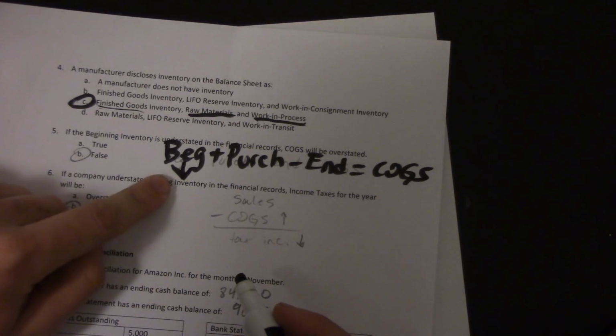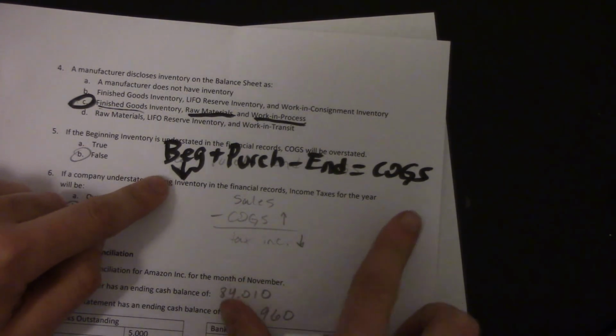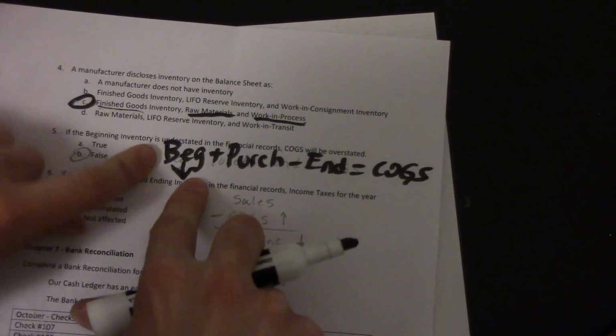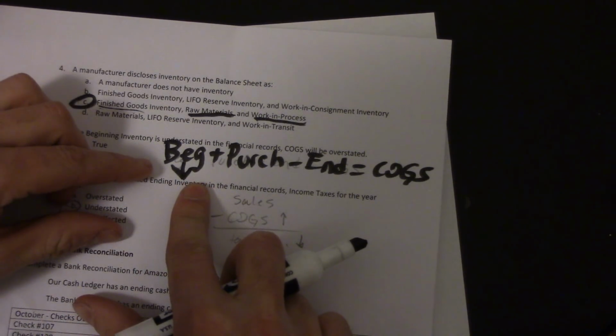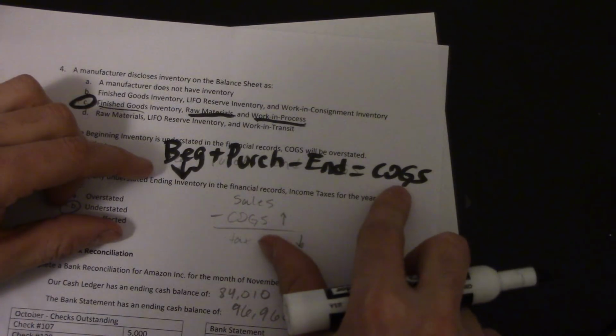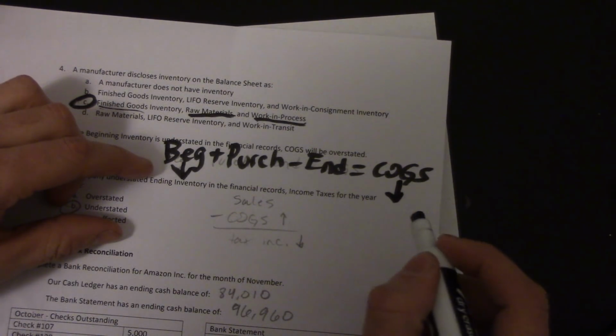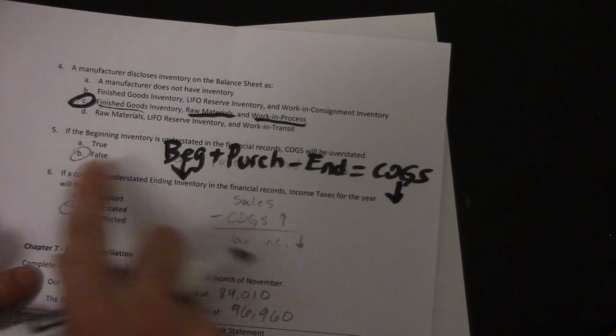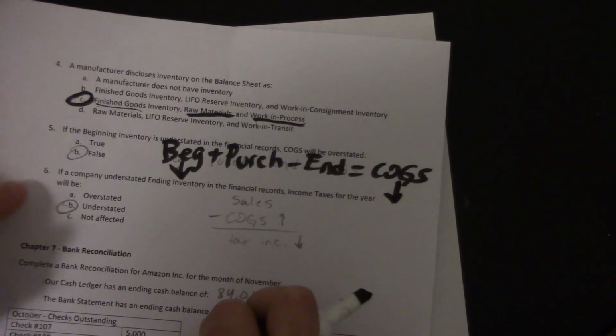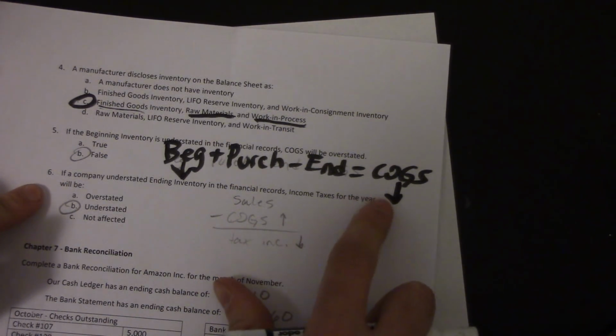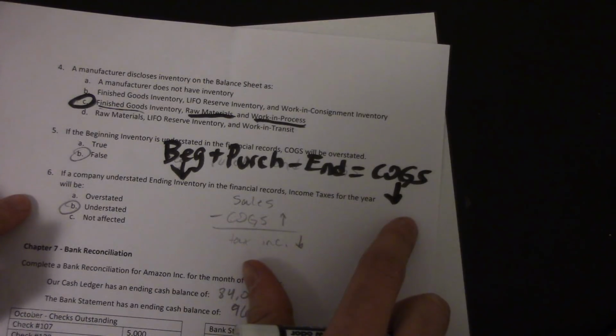So if our beginning inventory is small, our cost of goods sold will also be small. So this is false. The cost of goods sold will be understated, not overstated.